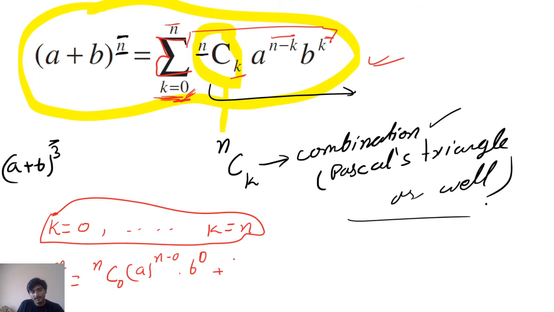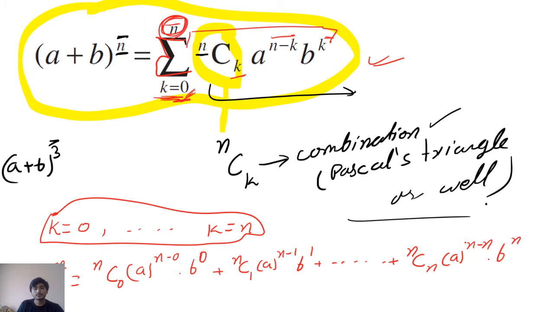The next term will be nC1 a to power n minus 1 and b to power 1. Like this it will go on till this value.